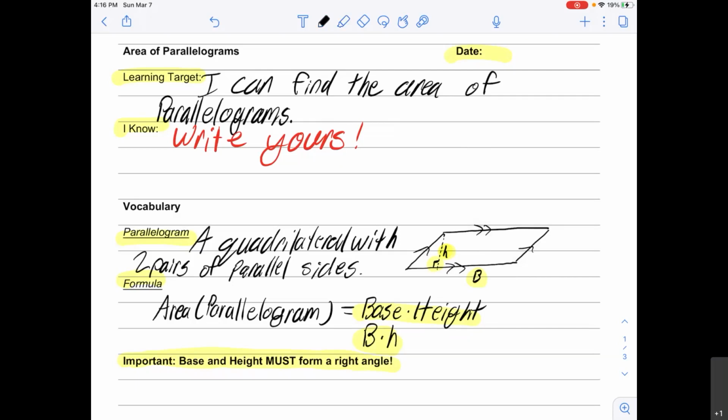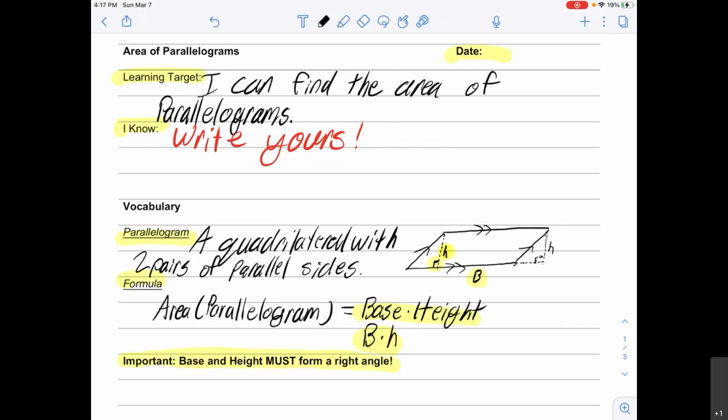Another common thing to do is sometimes people will draw the height out here and they'll say, okay, I'll draw a height and it's still going to be the distance between the top and bottom lines and form a right angle. But I'm actually going to draw it out there. And the height drawn on the outside or the height drawn on the inside, those are the exact same distance.